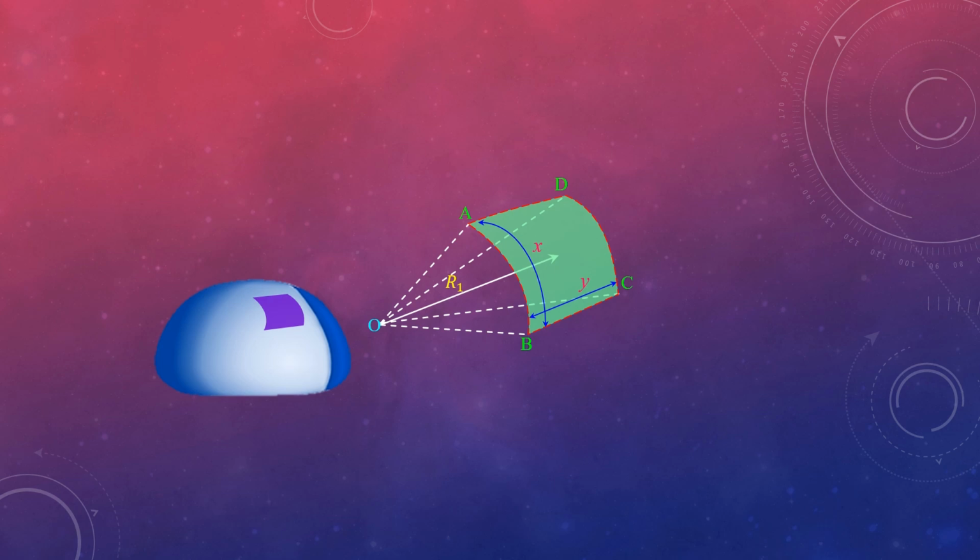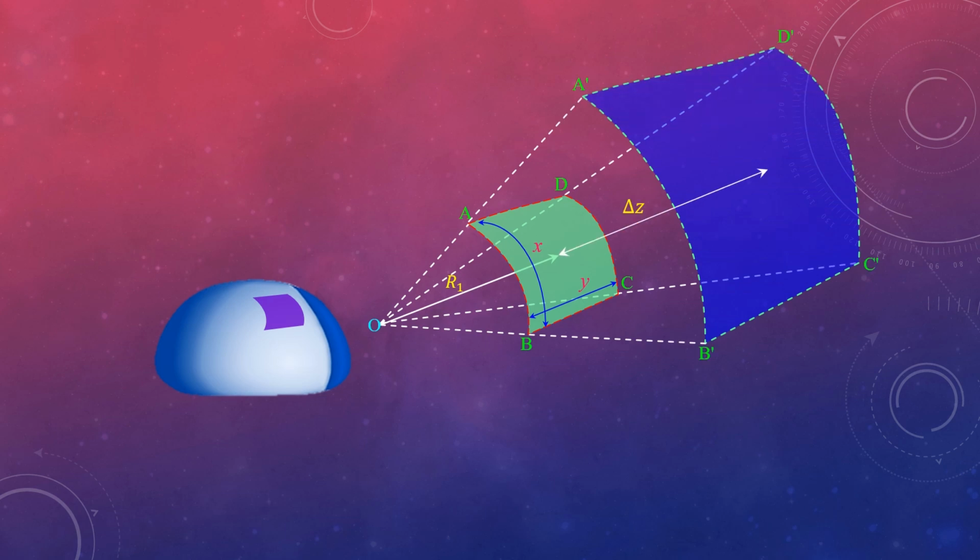Now if we stretch this element by delta z units, we get A dash, B dash, C dash, D dash as the stretched element, where A dash, B dash and D dash, C dash equal to x plus delta x units, and A dash, D dash and B dash, C dash equal to y plus delta y units. So we can write R1 by R1 plus delta z equal to x by x plus delta x.